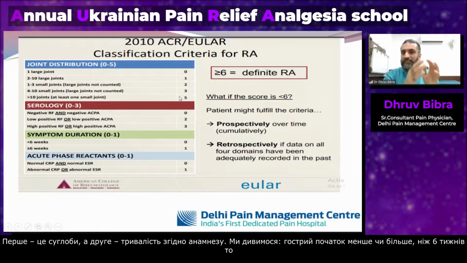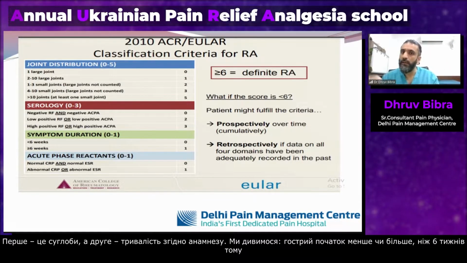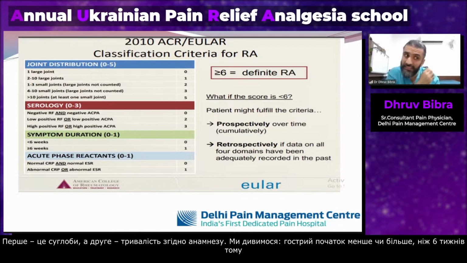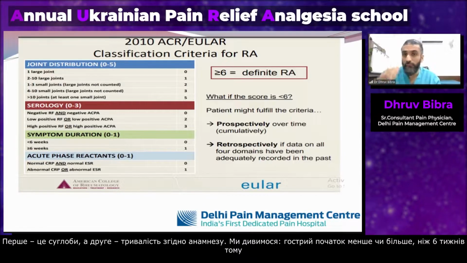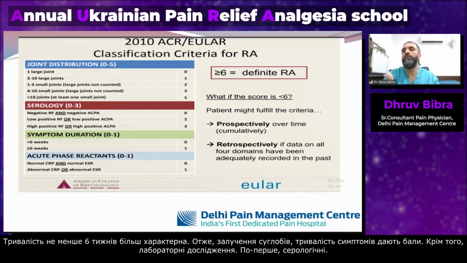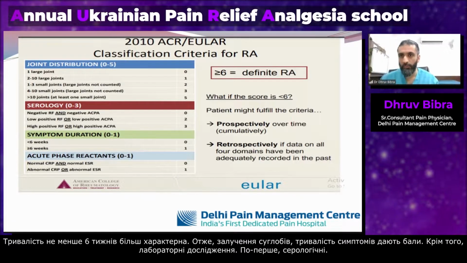Firstly, there is the joint, and secondly, in history, what is the duration? Are we looking at an acute setting, which is less than 6 weeks, or greater than or equal to 6 weeks? Greater than or equal to 6 weeks carries more weightage. So based on the joint distribution and the duration, you get points.